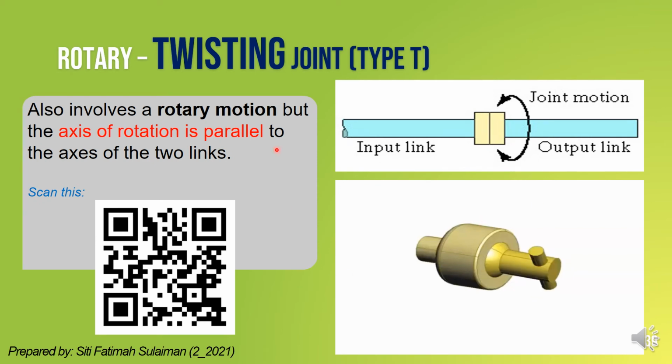Okay, and then we have a twisting joint, also a rotary joint. So twisting joint, or sometimes we call it type T joint, makes twisting motion between the input and output. So when you scan this QR code, you can see that this part will twist.